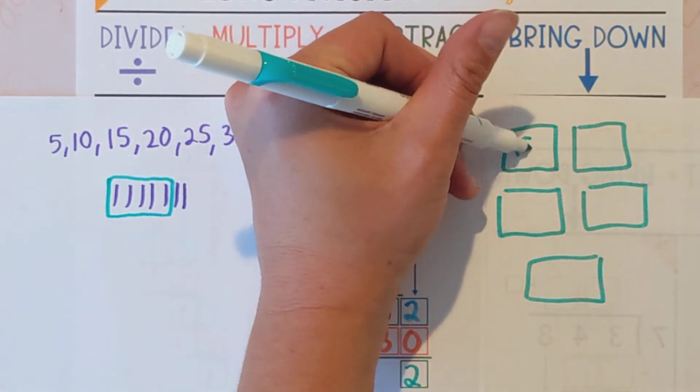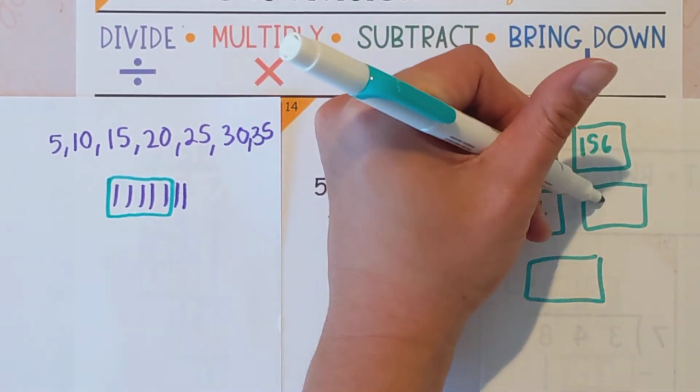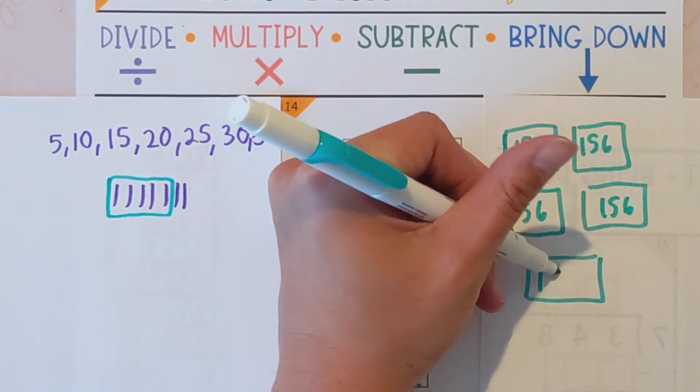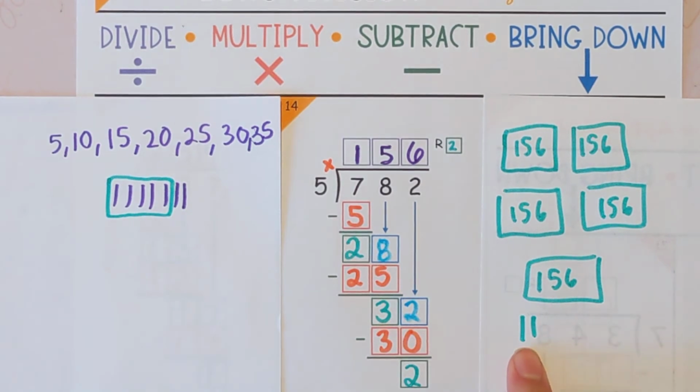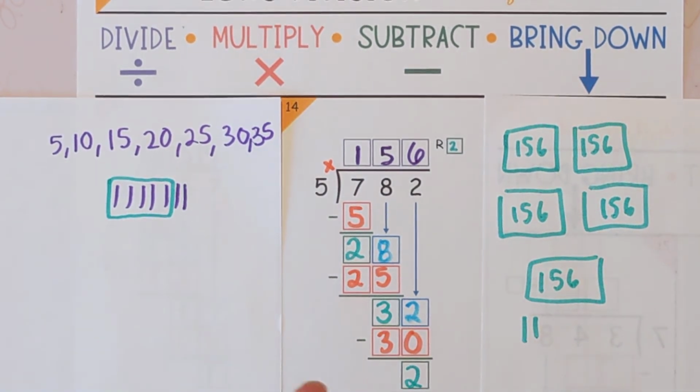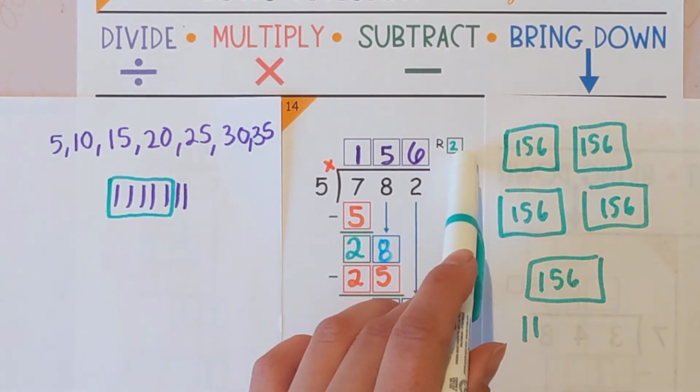I would end up with 156 in every single box, but then there'd be 2 left over that I couldn't do anything with. I can't split them up. So those 2 are left over.